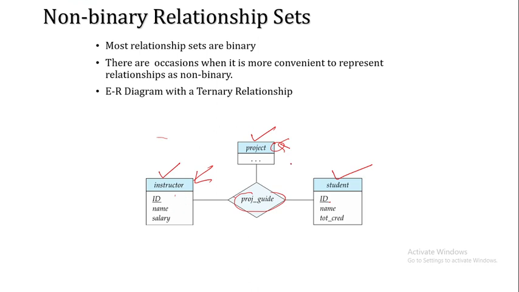So this creates a ternary relation between student, project, and instructor. One of the instructors will act as a project guide for a particular student, guiding some project present in the project entity set. So this creates a ternary relationship between the different entities.